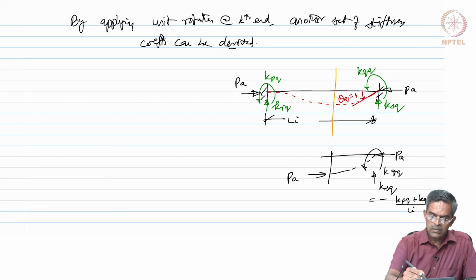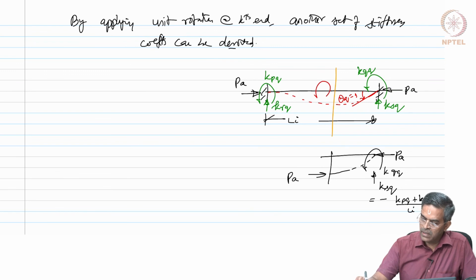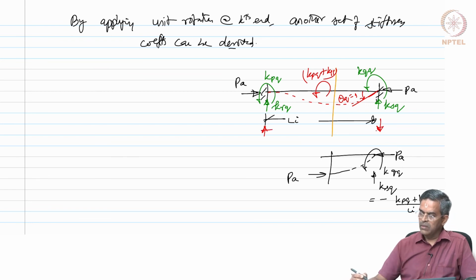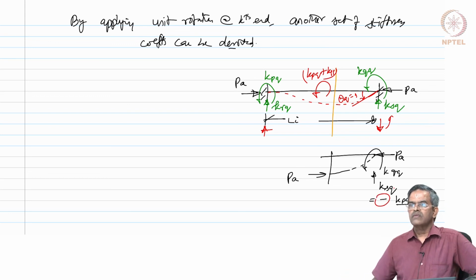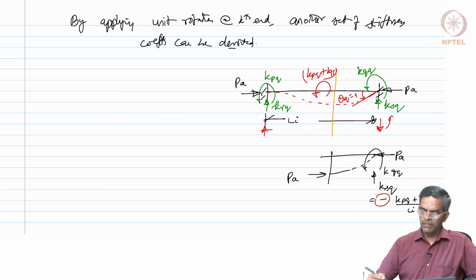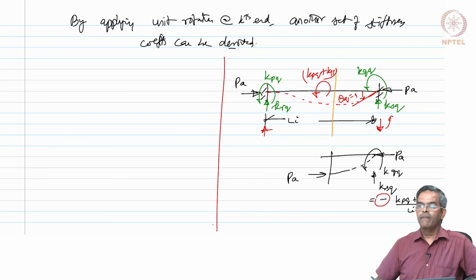Why is it minus? I think you realize it. There is a net moment of KPQ plus KQQ here. To counteract that, this will be the couple and this is opposite to KSQ, therefore, there is a minus sign here. Is it not? So, we can follow the same logic and write the coefficients directly.